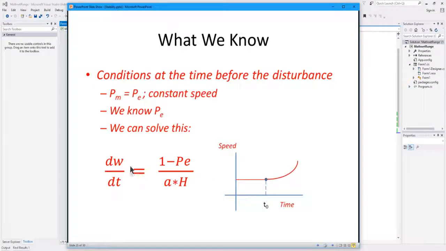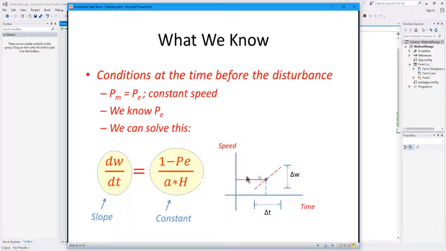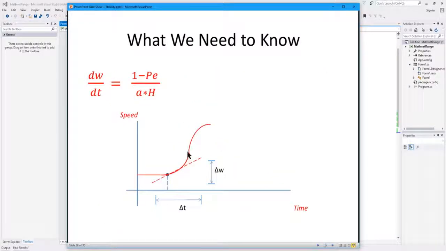So how is this going to help me? Well, like I said, this is what you get from this number. You get a straight line with a delta omega and delta t. So how can I use this to figure out the speed versus time curve? Here is what I need. Here's the curve I need.